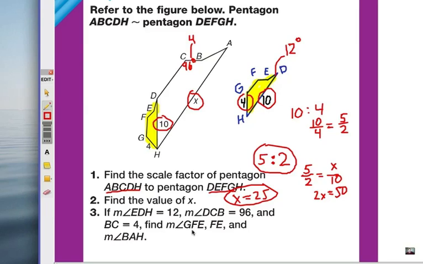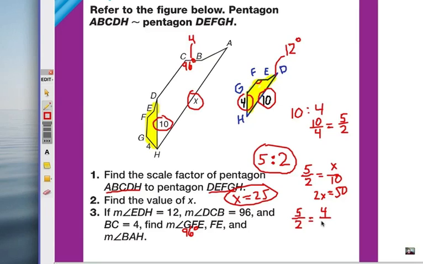GFE is this angle right here, and notice how that angle does correspond to 96. So there we go. Remember that all the angles in similar figures are congruent. Each angle matches up. Now FE is this short side here, and that corresponds to the 4.